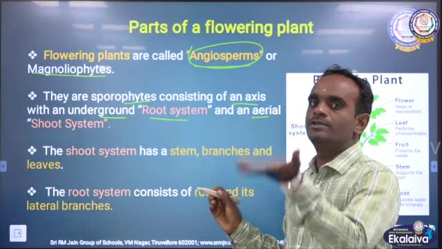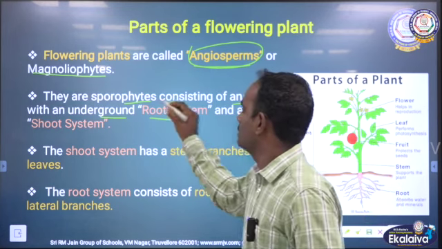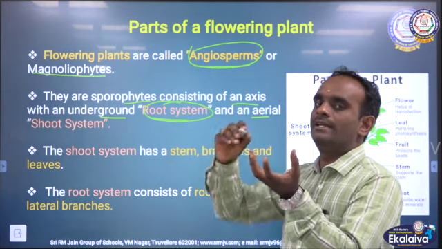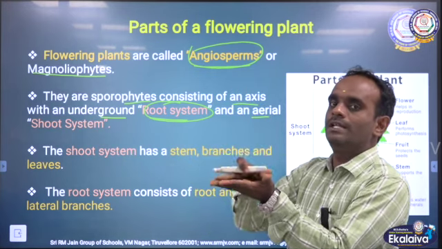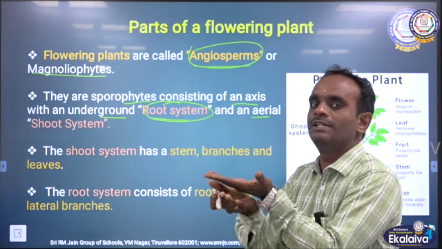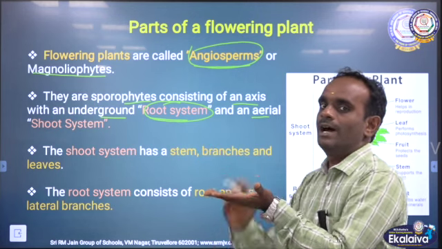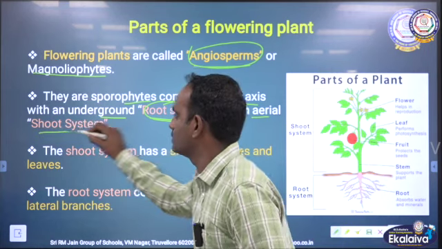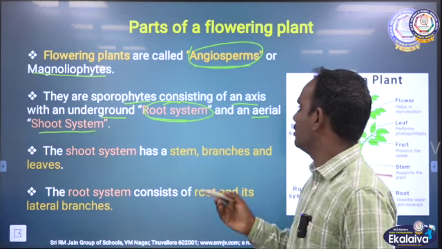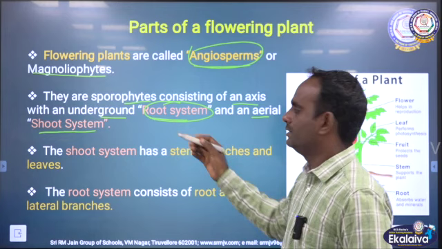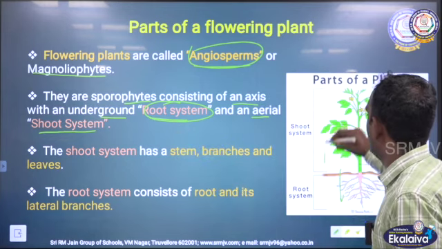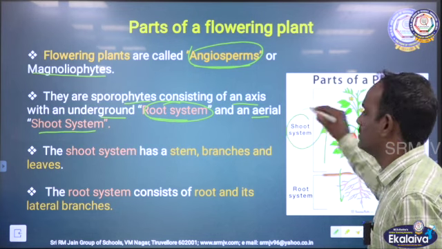and aerial shoot system. Root system is nothing but the main primary roots and then lateral roots. They are usually underground, that is below the soil level. Above the soil, that is the aerial part, is called the shoot system. So, the plant consists of an axis with an underground root system and, above the ground, the shoot system.